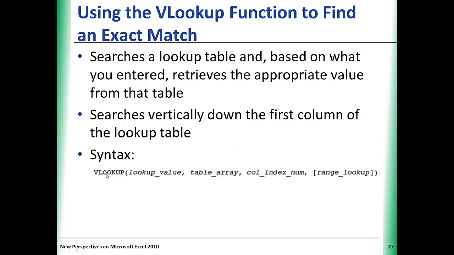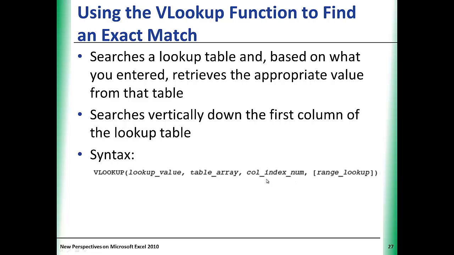So here's the syntax for the VLOOKUP function. The first part, or the first argument, is the lookup value, which is the insurance plan that the employee has elected in our employee data worksheet, for example. The table array refers to the lookup table where the data that you need is stored.